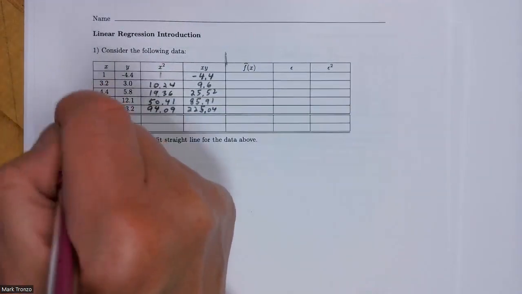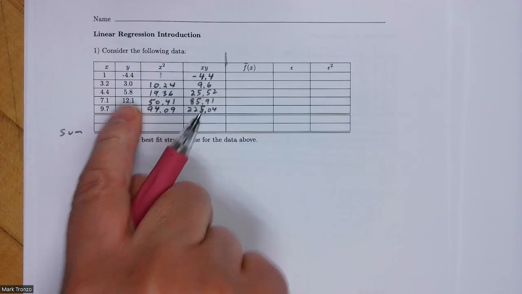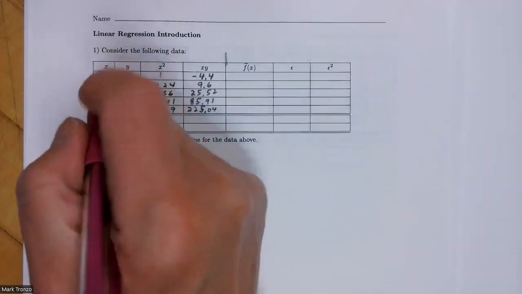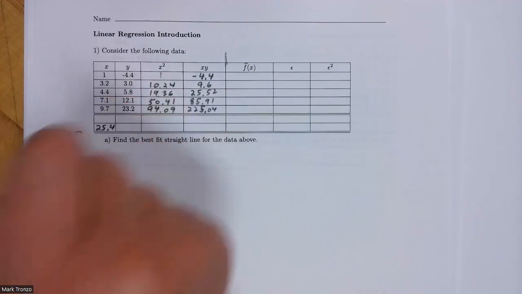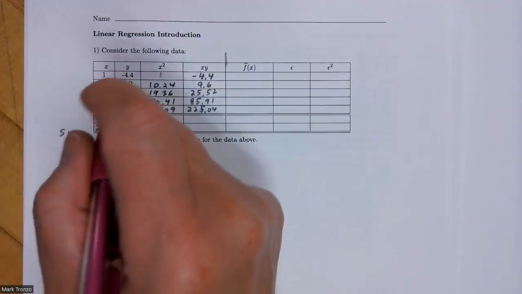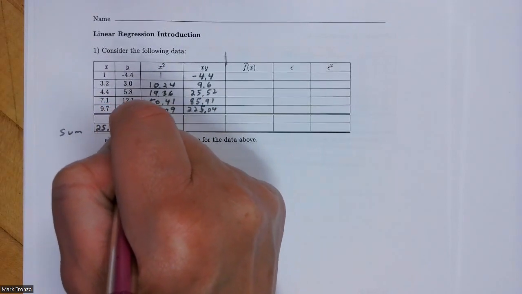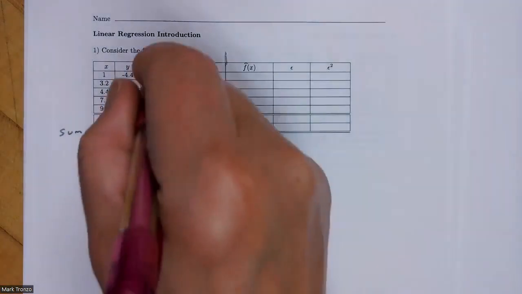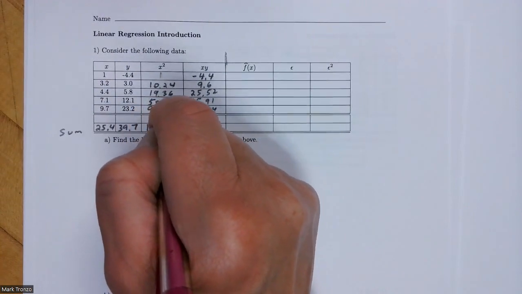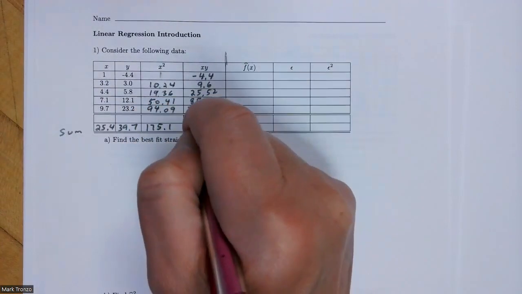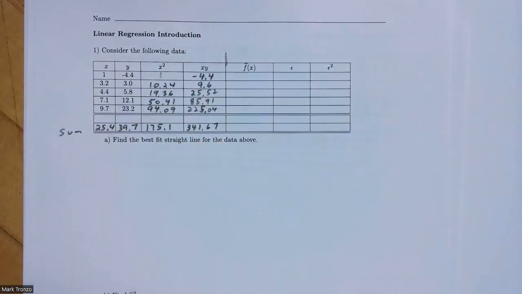If we do the sums over here, the first x column, I did this before, is 25.4. The sum of the y column is 39.7. The next one is 175.1. And this is 341.67.